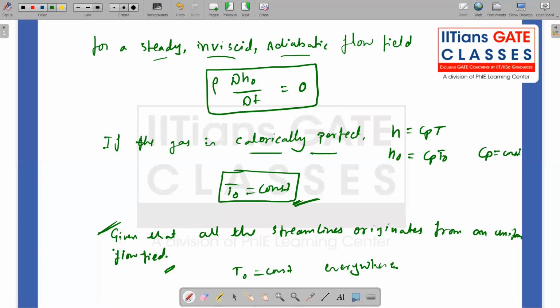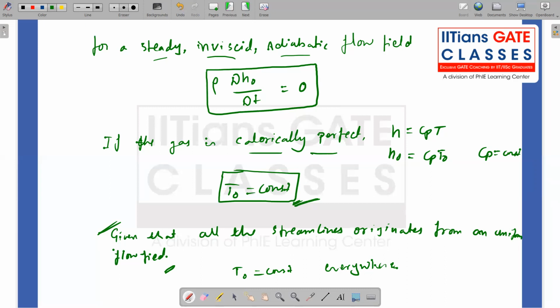It is a definition, not something that exists like that. So we can define a stagnation property for any kind of flow field, say isothermal, isobaric or isochoric flow field, it doesn't matter. But if I want to measure a temperature which is stagnant, that means the flow has to come to rest adiabatically, in an inviscid and steady manner.